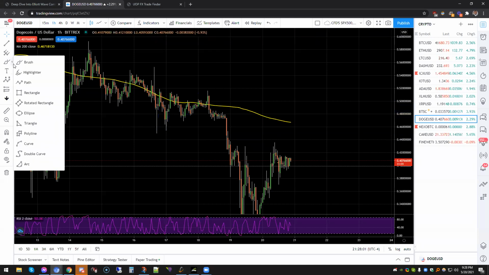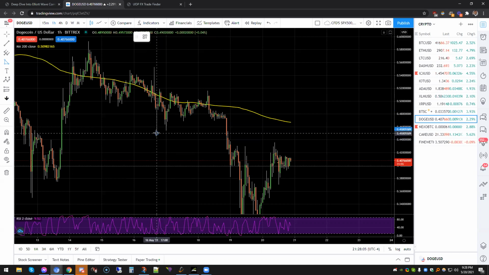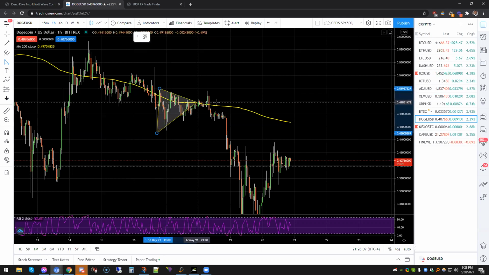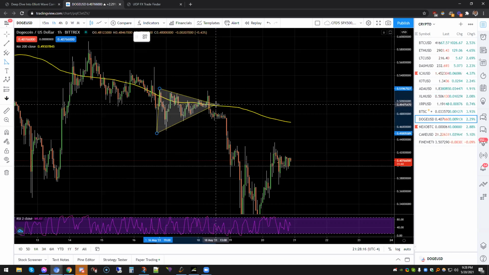And the next tool is this one. I like this one best. You find the low and the next high, and you simply project the triangle like that. This one allows you to adjust it however you like.